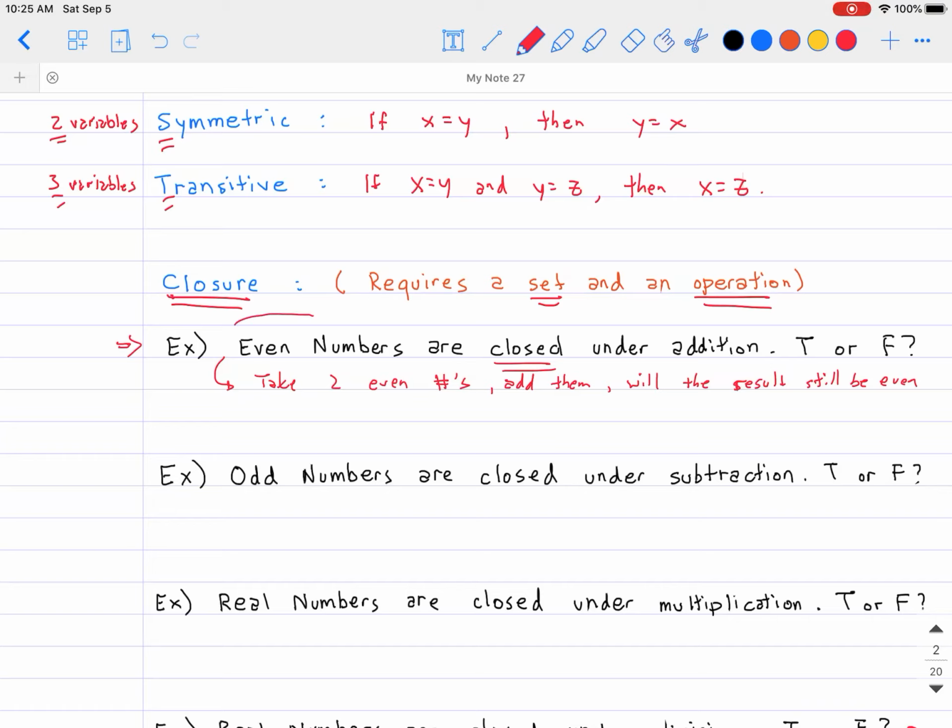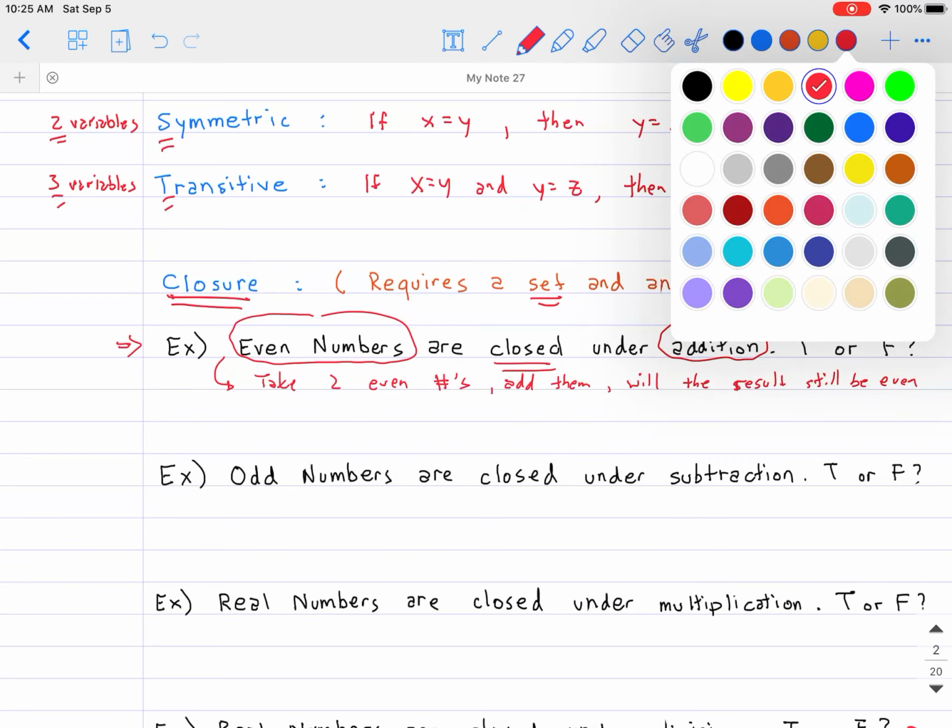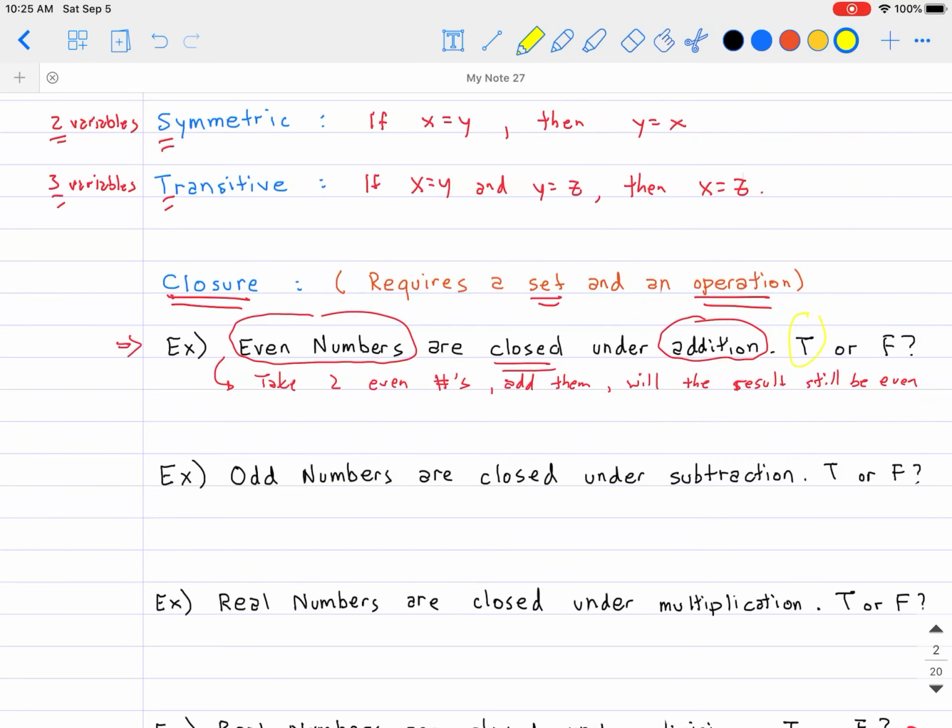That's what the problem is asking. We take the even numbers as our set and addition as our operation. If I take any two numbers from the set and add them, will the result be even? The answer, you probably notice, is true.